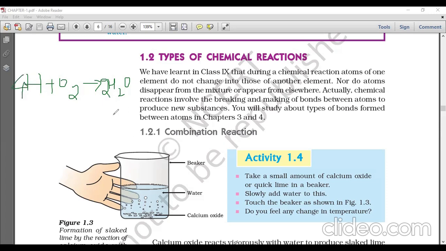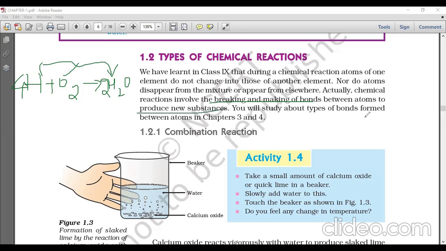A chemical reaction involves breaking and making of bonds. Sometimes it breaks the bond between atoms, sometimes it makes a bond. Here hydrogen is separate and oxygen is separate, and after the reaction they make bonds, and a new substance is formed, called water.